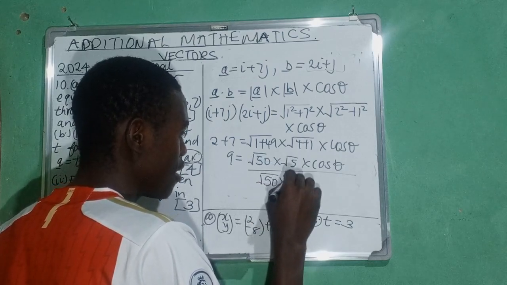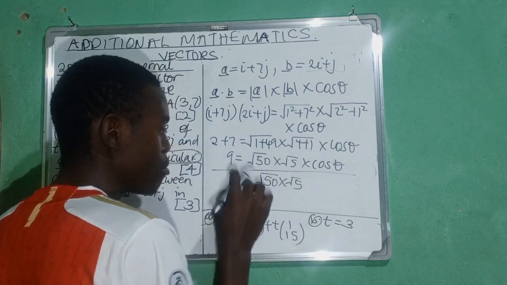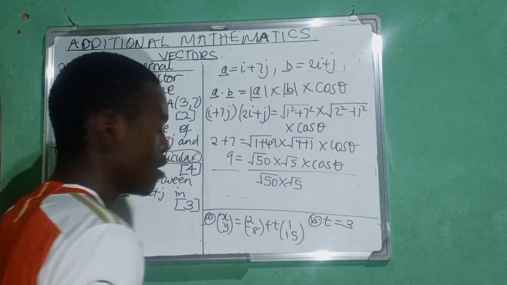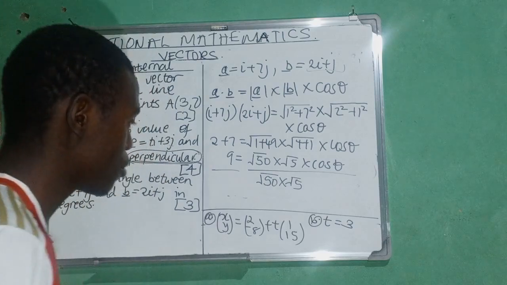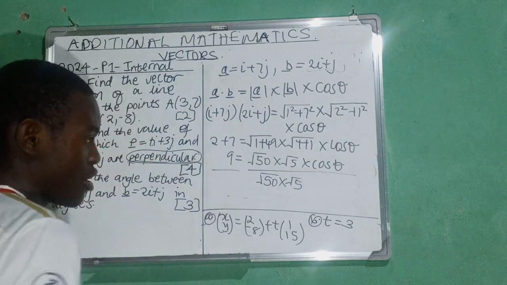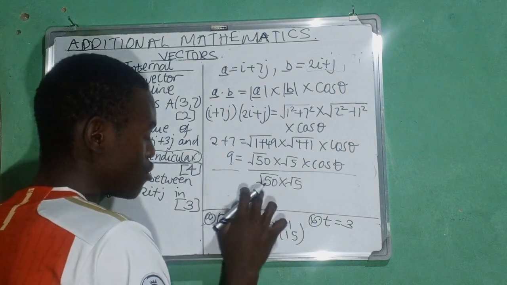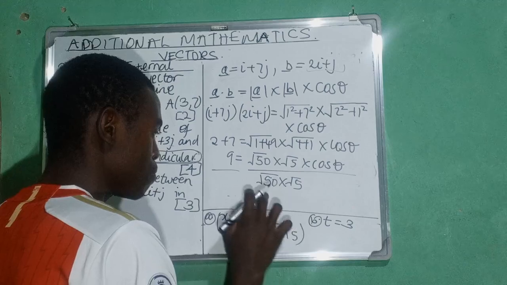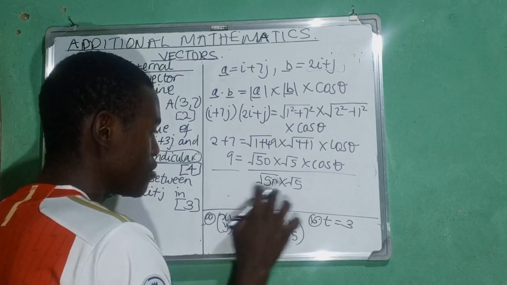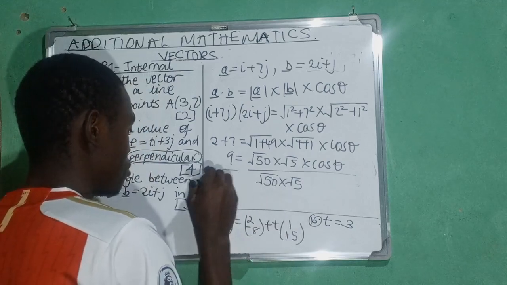Then we divide both sides by the square root of 50 times the square root of 5. Don't simplify here. There is no need for you to simplify these. You can simplify them, of course, and maybe start to look for numbers that can go into 50, but it's a waste of time, so let's just write them.